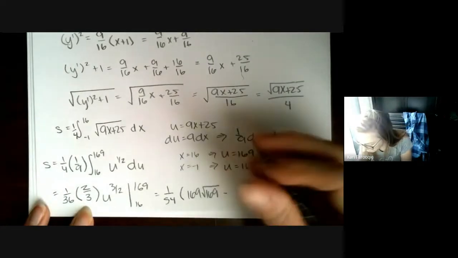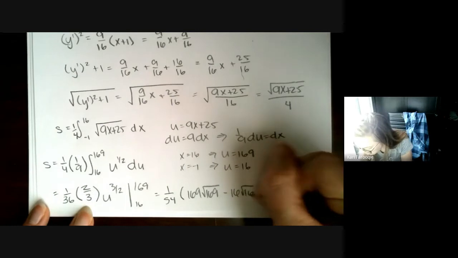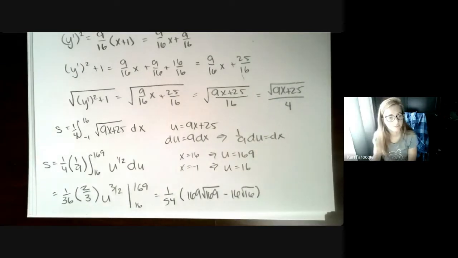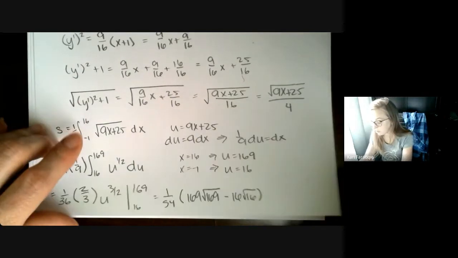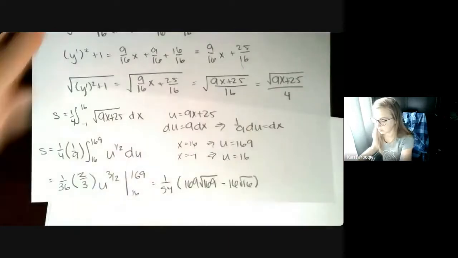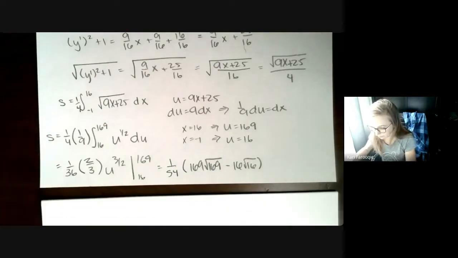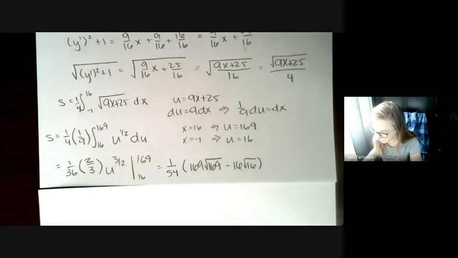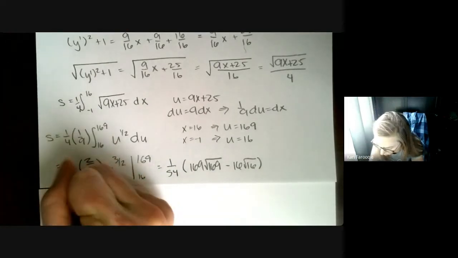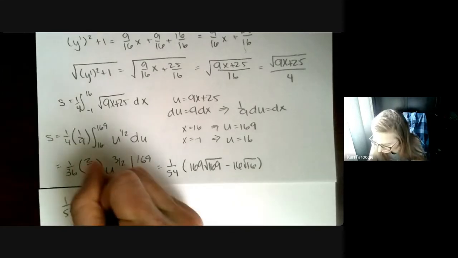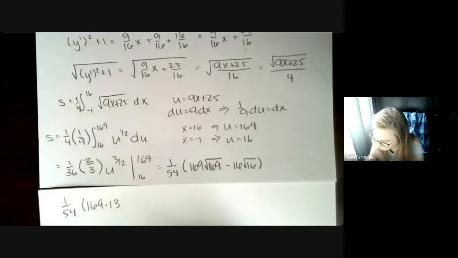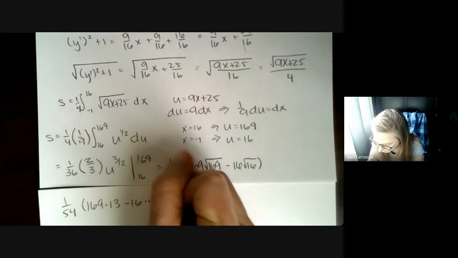And then minus 16 root 16. And I'm just out of space. So let's see. Move this down. This leaves me with 1/54 times 169 times 13 minus 16 times 4.